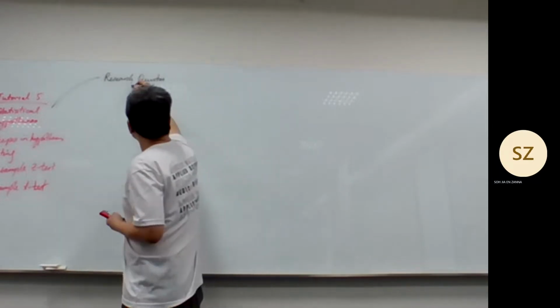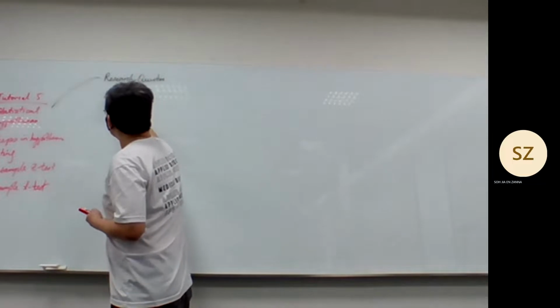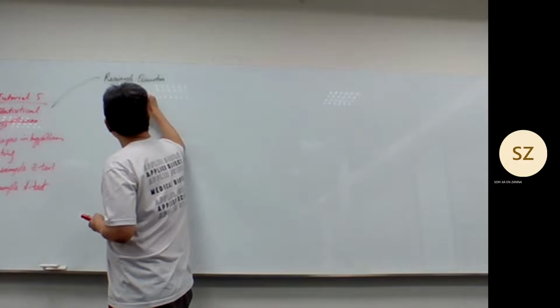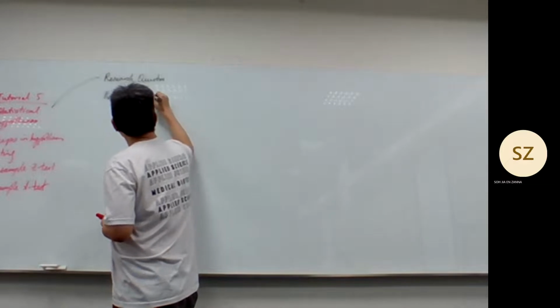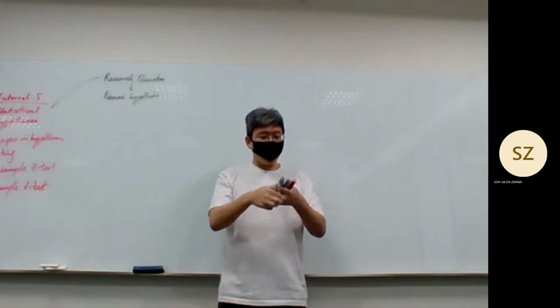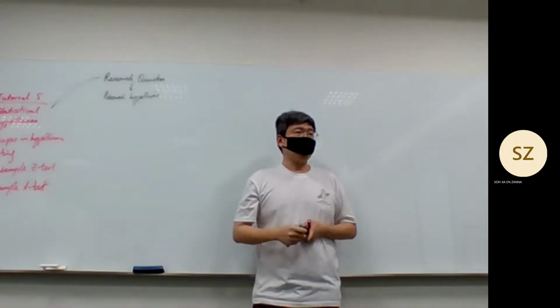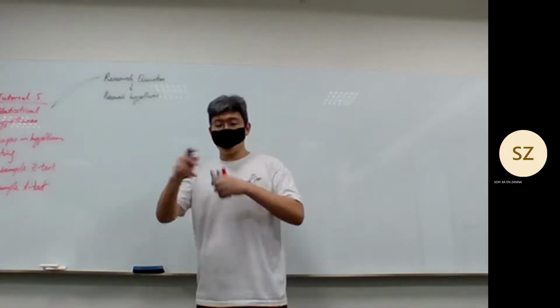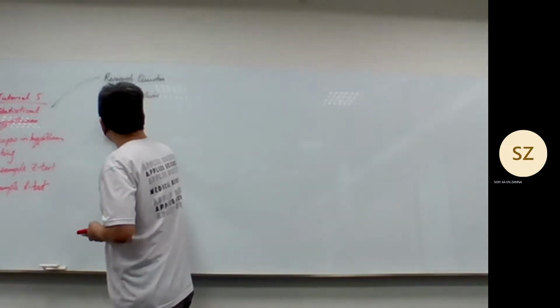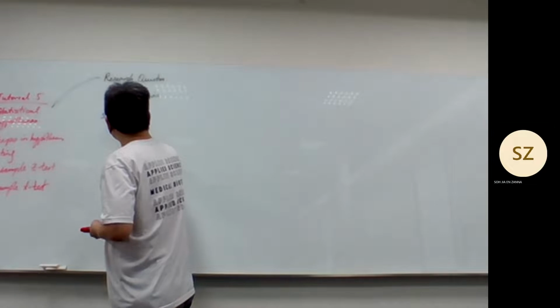From research question, you form your research hypothesis. But research hypothesis itself is actually not testable in a sense. So from research hypothesis, you have to form what is known as your statistical hypothesis.